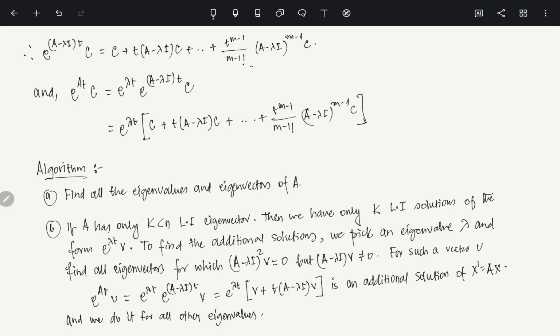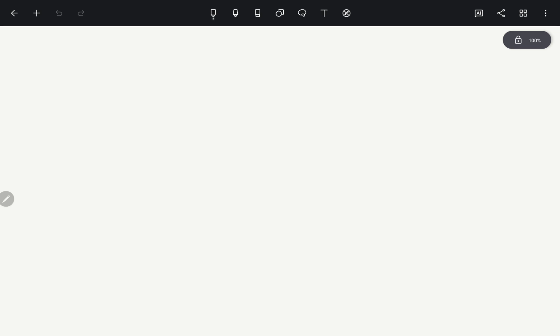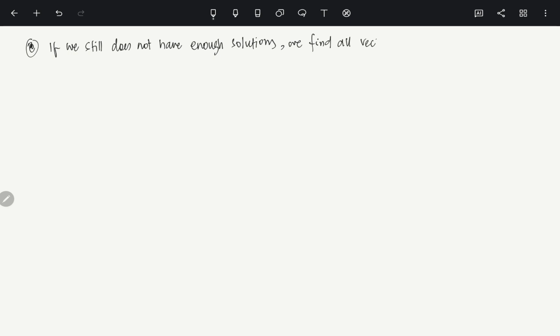This second step should give you all the possible solutions, so A, B, C. The third step: if we still do not have enough linearly independent solutions, we find all vectors v such that (A − λI)^3 v is 0, but (A − λI)^2 v is non-zero. Is this okay?